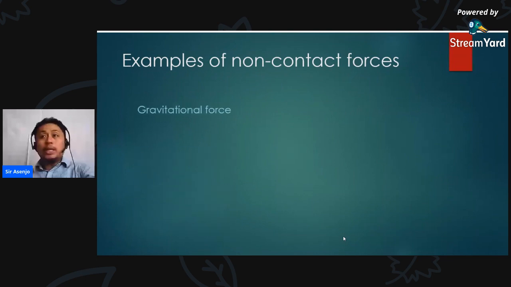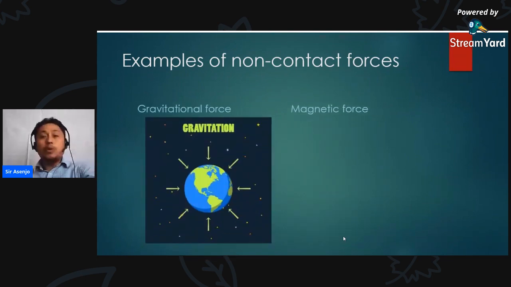So what are examples? We have gravitational force and magnetic force. For gravitational force, a good example is the Earth's gravitational force. This is an example of non-contact force because it has an influence on objects even if we are not physically touching the Earth.